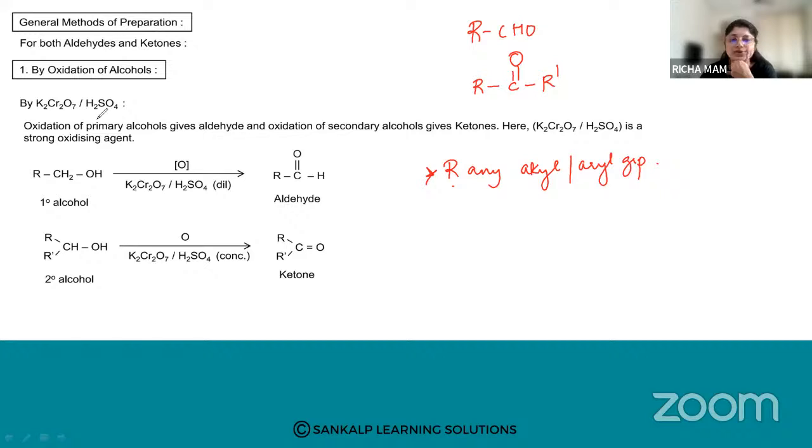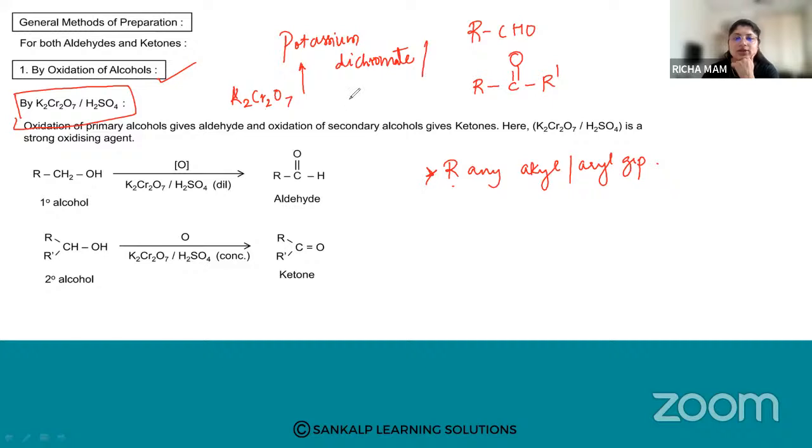First we'll see the preparation by oxidation of alcohols. These are the reagents. The best oxidizing agent is potassium dichromate, K2Cr2O7, in the presence of H2SO4, that is sulfuric acid.